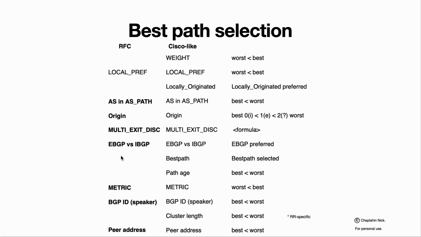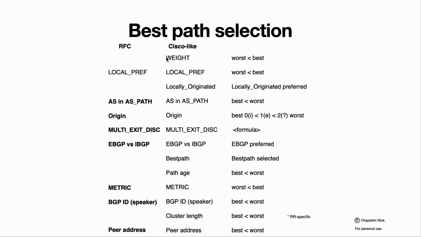selecting the remaining one. Okay, so on each stage we expect that paths with the worst values will be filtered out, and if more than one path remains, we are going to the next stage. Those are eventually the stages, so we start from top to bottom.